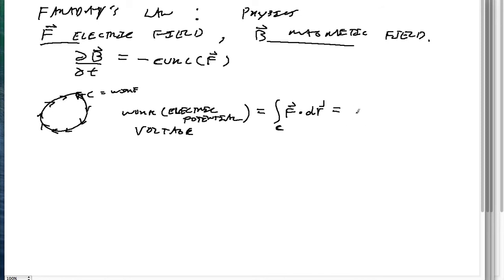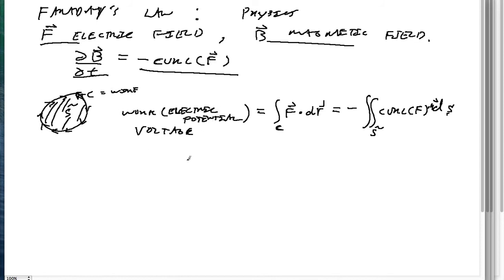Okay, and that's going to be equal to the negative of the integral over the surface S tilde that covers this region here of the curl of F dot n dS. Okay, so now what we can do is replace the curl of F with this physical principle determined by Faraday, which is that the voltage over that loop is going to be equal to the surface integral.